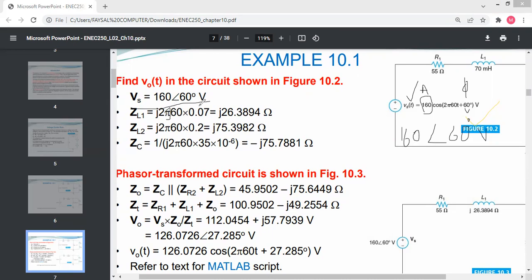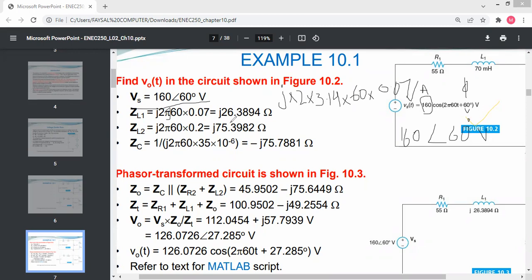After putting the value, it will be j into 2 multiplied by the pi value, 3.14 multiplied by 60 multiplied by 0.07.